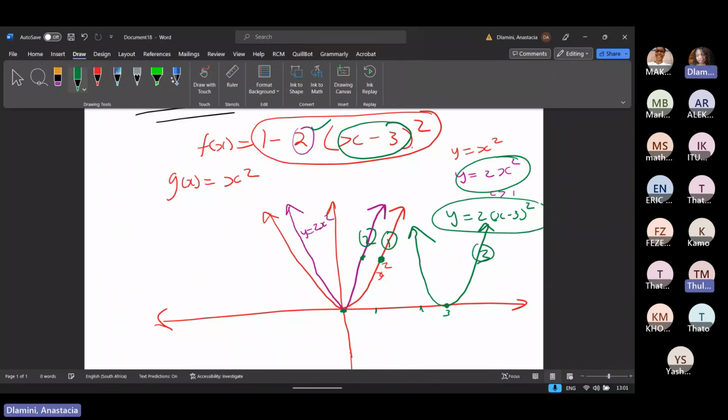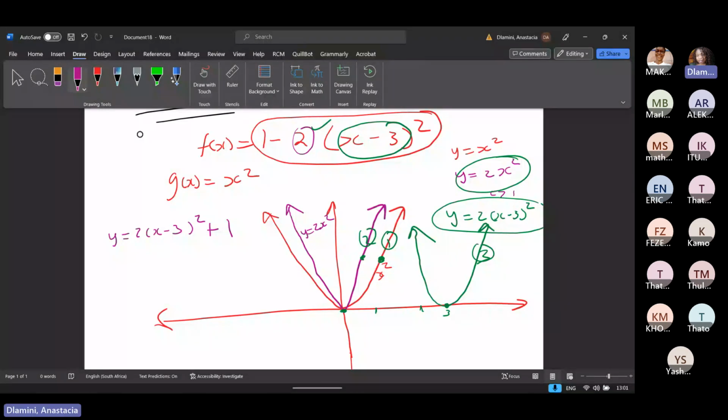So I'm now done with the inside part. I want to move from the green graph, which is y equals 2(x minus 3) squared, and add 1. What does that mean? Vertically shifting the function by 1 unit up.